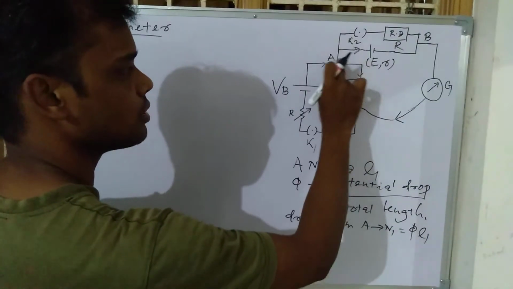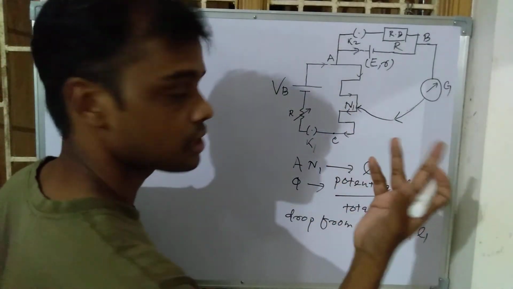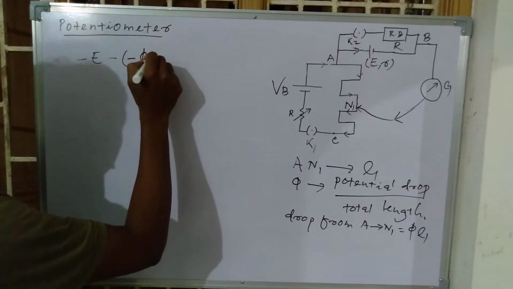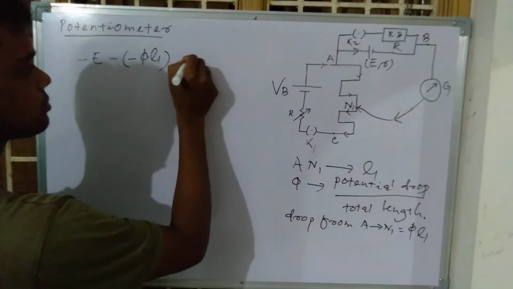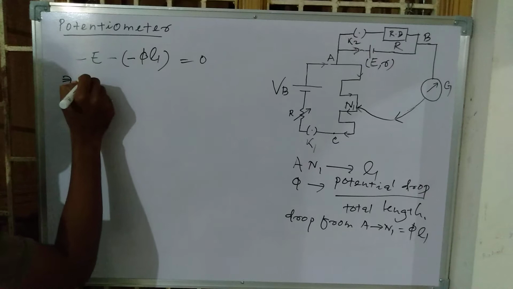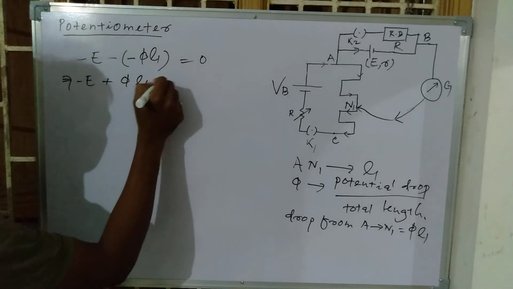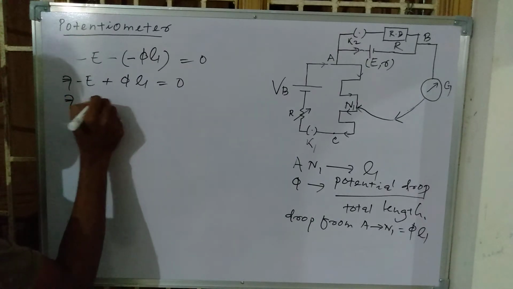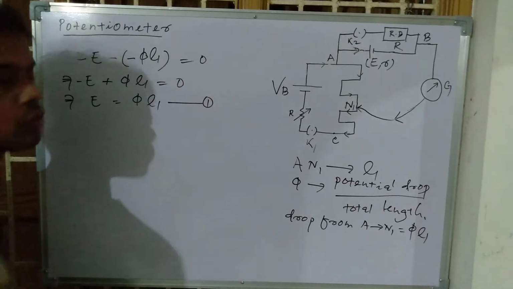Now drop is always negative because it consumes energy, so minus phi L1. Now we are already at point A, that's why it equals 0. From this equation we can write minus E plus phi L1 equals 0, which implies E equals phi L1. This is equation 1.